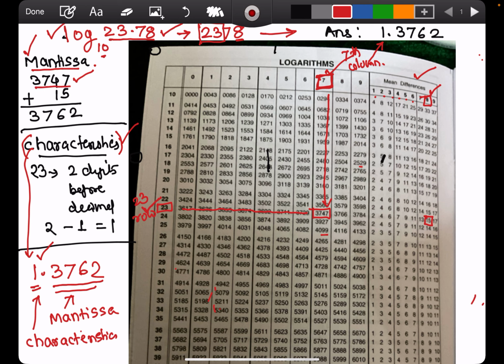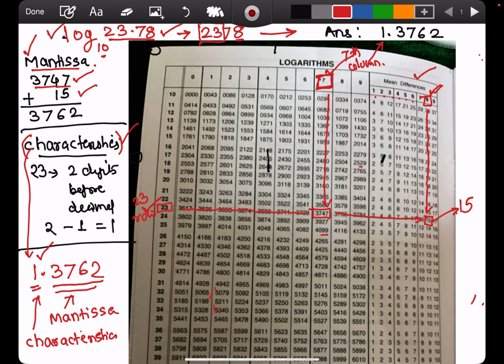Now I take this 8th column in the mean differences, and I move again along the 23rd row straight like this, and in the 8th column I move downwards. So I get a number, and that number is 15. I put this 15 over here.